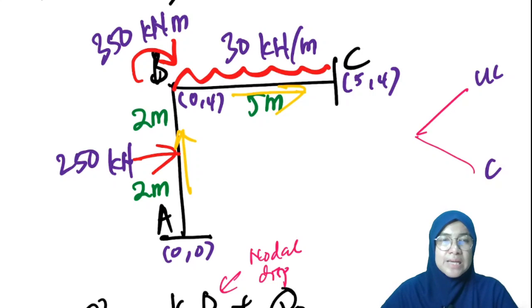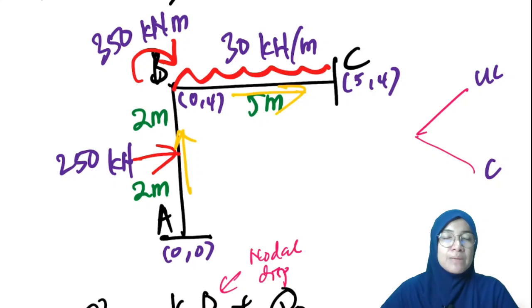Nodal forces are whatever force is subjected directly at a node, such as the moment at B. But when we have a 250 kilonewton load subjected at the center of member AB, this is called equivalent element nodal forces. It means that we have to distribute this 250 kilonewton equivalently to the nodes.